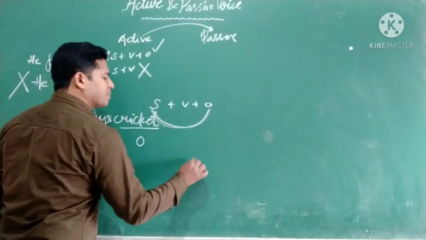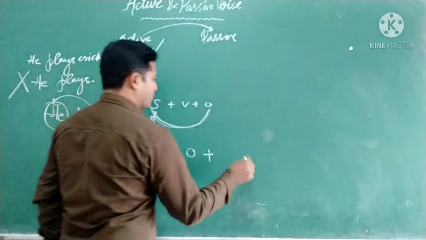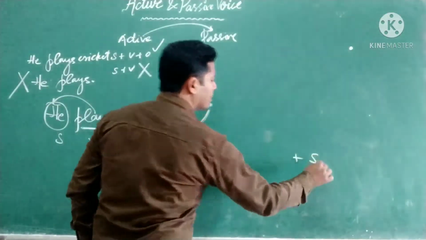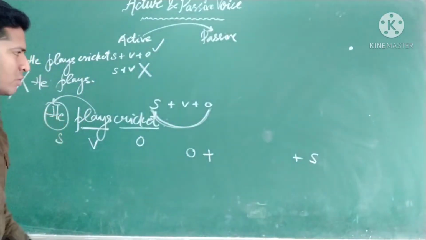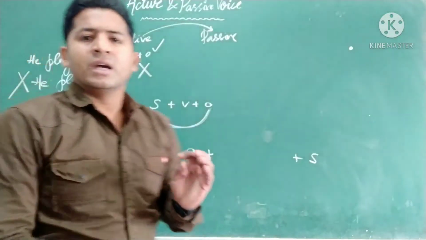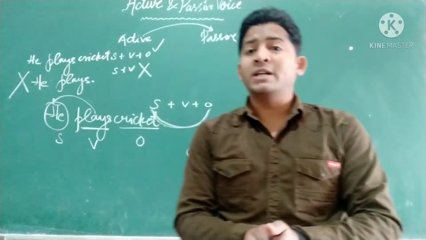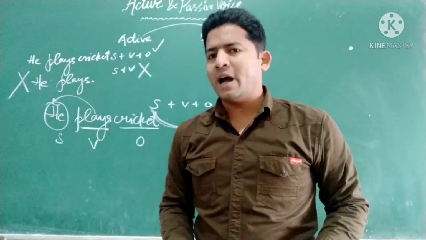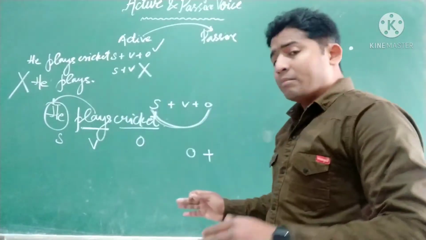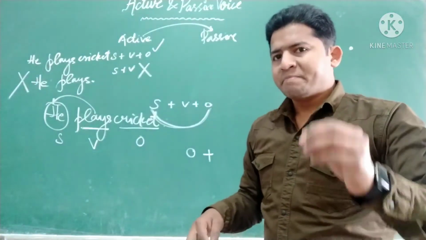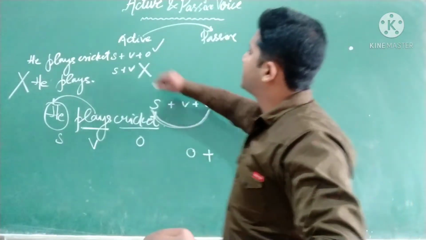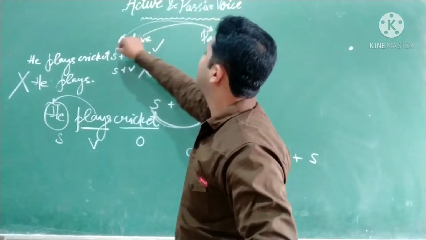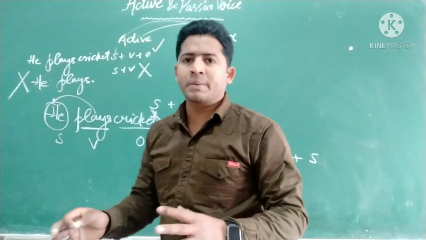Once you interchange the positions, the object will come here and the subject will go at the place of object. That means in an active sentence, the subject is the doer of the action. And in both cases, the doer will be the subject. But if you convert an active sentence to passive, the subject becomes the object and the object becomes the subject.